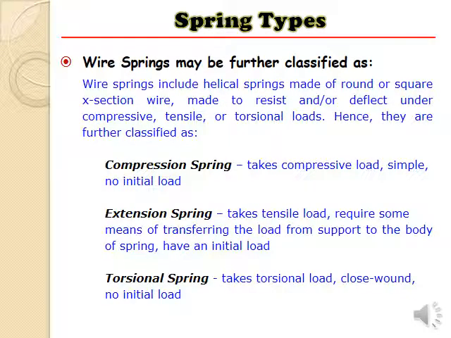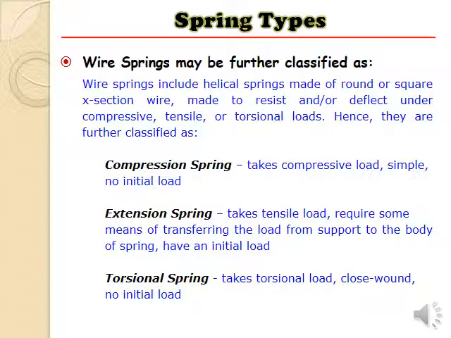Now we'll see the spring wires, the wire springs. And this is the focus of this chapter. What are wire springs and how we classify the wire springs further. So wire springs are further classified based on the load that they carry.